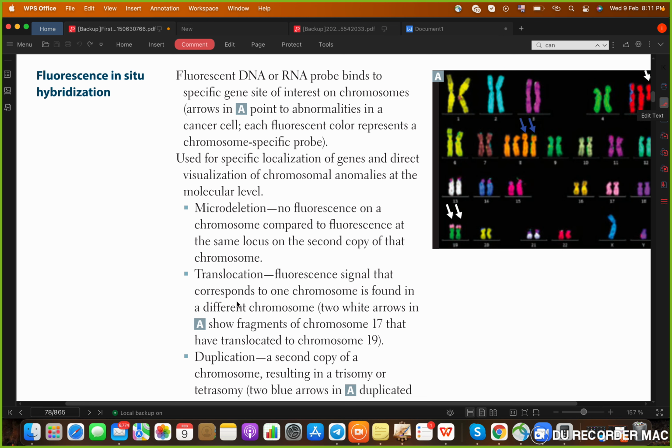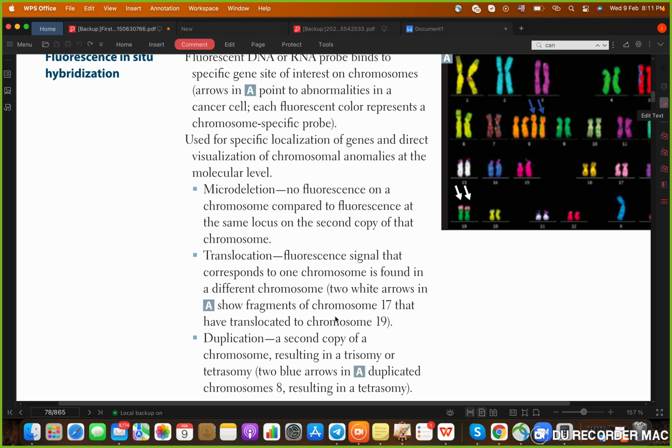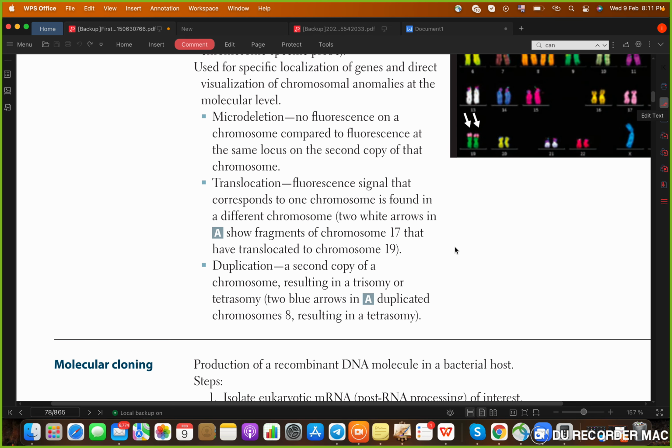Fluorescent signals that correspond to one chromosome, pink, are found on a different chromosome, green. So the two white arrows in this one are showing fragments of chromosome 17, pink, that have been translocated into chromosome 19, the green one. So this is a translocation.